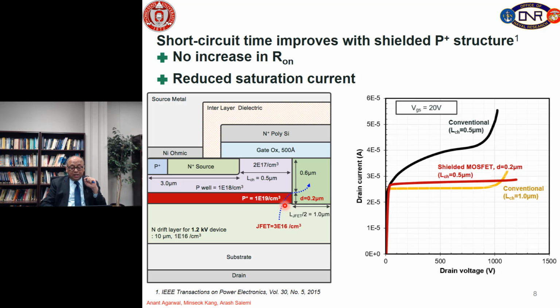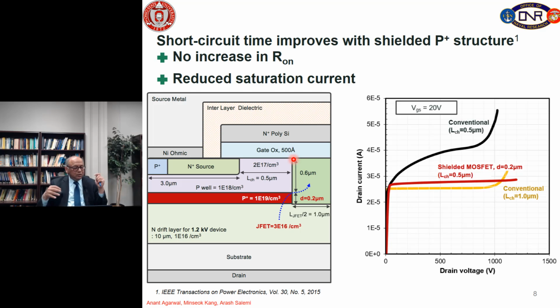That's good, and what that does, it pushes the electric field out here into the JFET region at a given drain voltage, and that helps deplete this area in such a way that the field at point A, where my laser marker is, is reduced by just having a P plus.